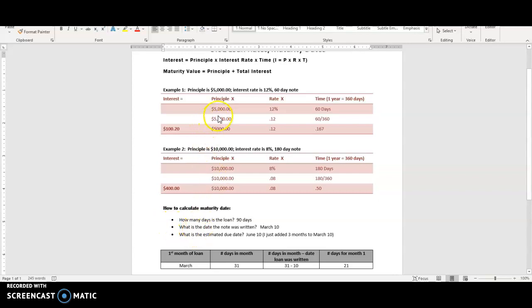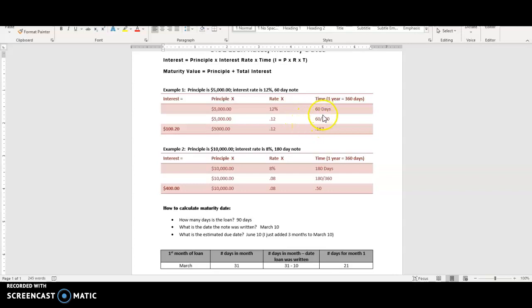The principal is $5,000. That's the amount that you borrow. If the interest rate is 12%, and the days that you have the loan is 60 days, it's $5,000 times 0.12, that's the same as 12%, right? Times 60 over 360.